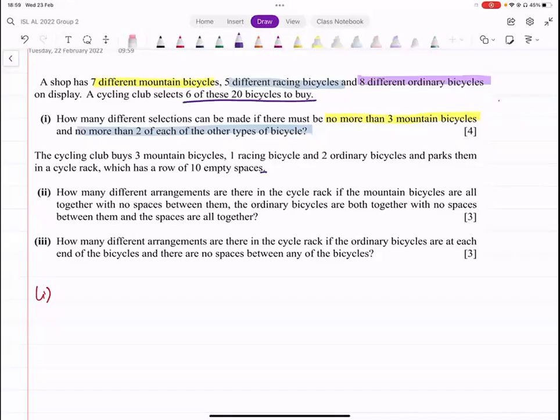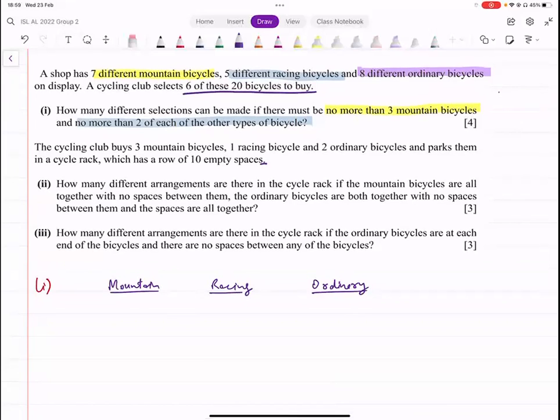So for instance, here we've got 3 different types of cycles. One type is mountain bicycles, that's the first type. Then another type is racing bicycles, and then we have ordinary bicycles. We've got 7 for mountain, racing are 5 in total, and ordinary are 8 in total.